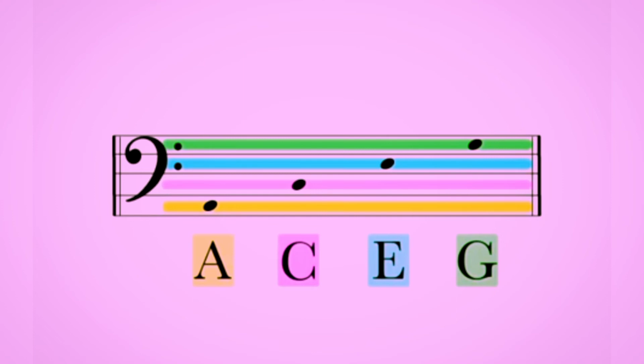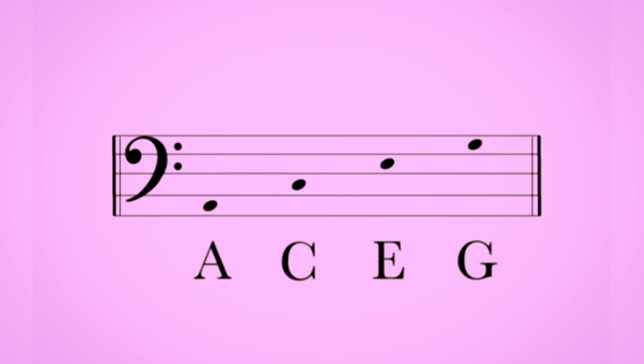However, if A, C, E, G is looked at as an acronym for all cows eat grass, it becomes much easier to memorize. For example, eat is the 3rd word in all cows eat grass.